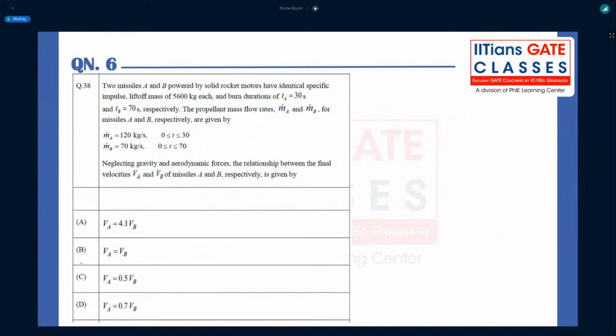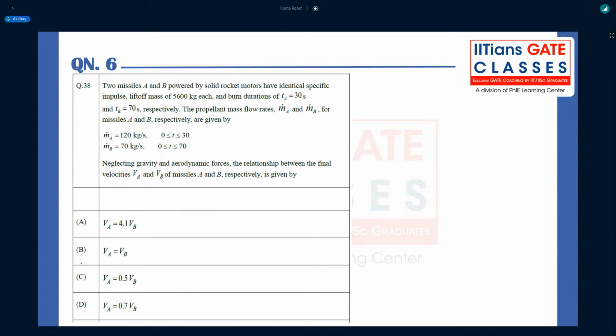Okay, let us move on to the 2 marks questions. So here I have 2 missiles A and B powered by solid rocket motors, with identical specific impulse, liftoff mass of 5,600 kg each, and burn duration of missile A is 30 seconds and missile B is 70 seconds respectively.